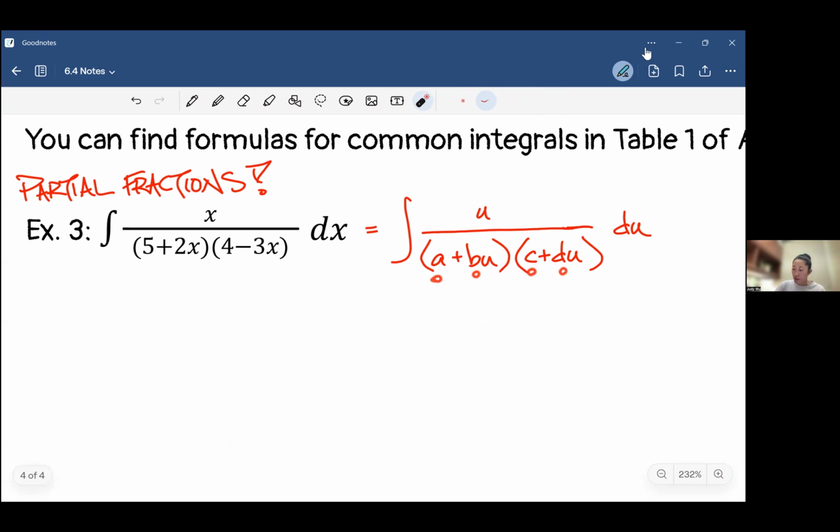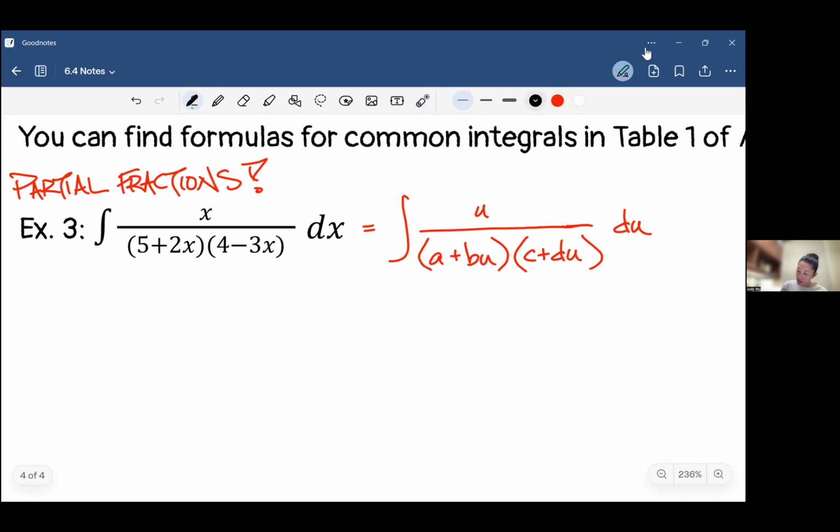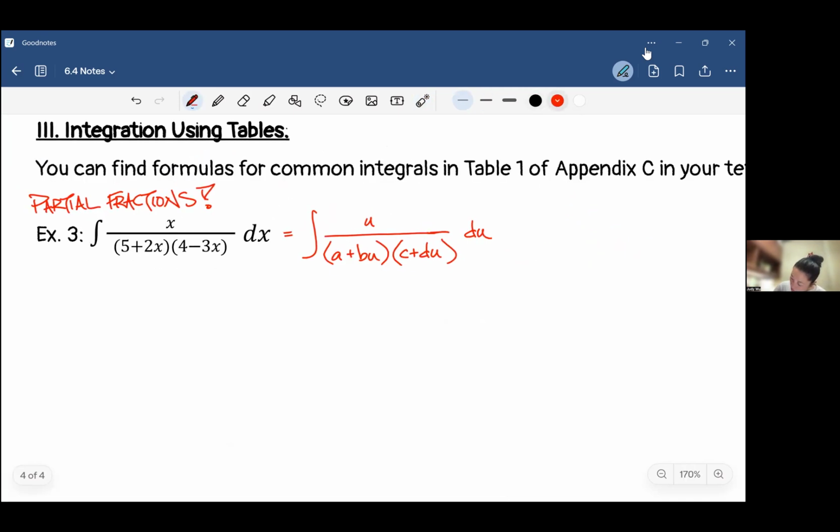But this du is like our dx, whatever we have at the end of everything. Now, this should correspond to formula 16.